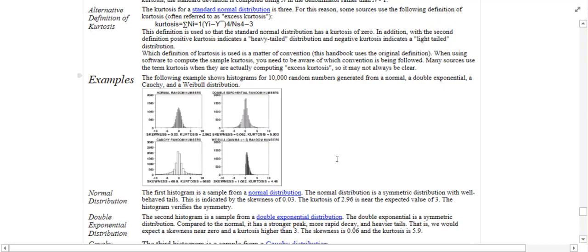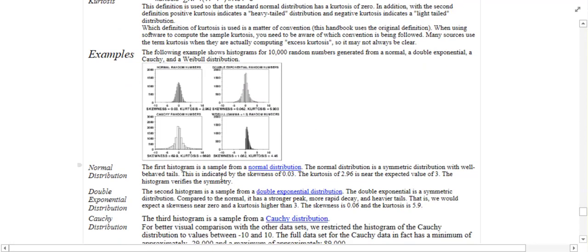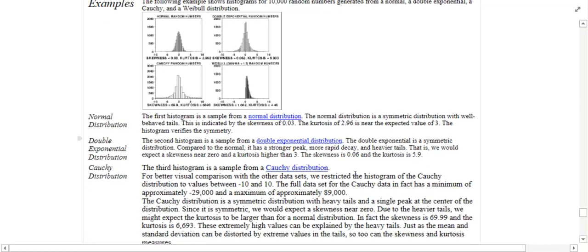Okay, just some other examples you can take a look at here as well. The first is a normal distribution, pretty close to a statistically well-behaved tail. It gives you a skewness of 0.03 and a kurtosis of close to 3, or 2.96, and verifies that symmetry.